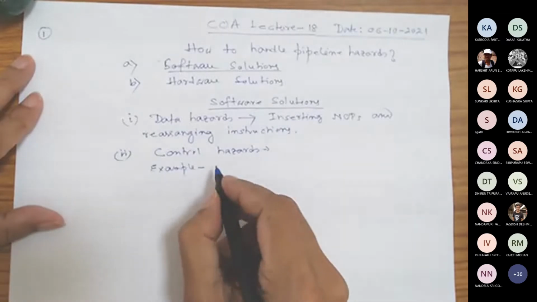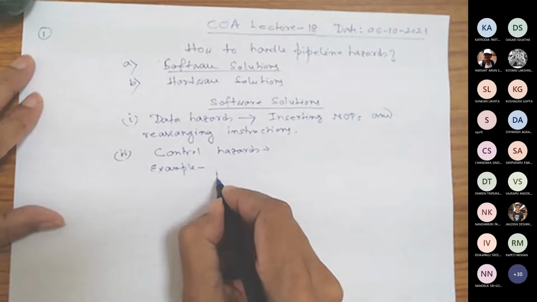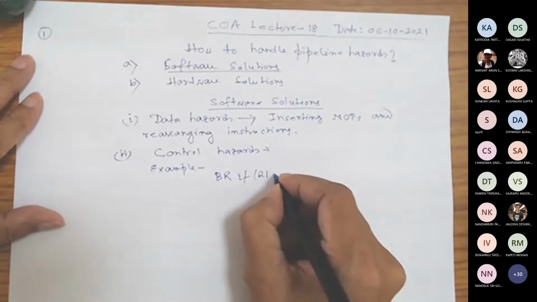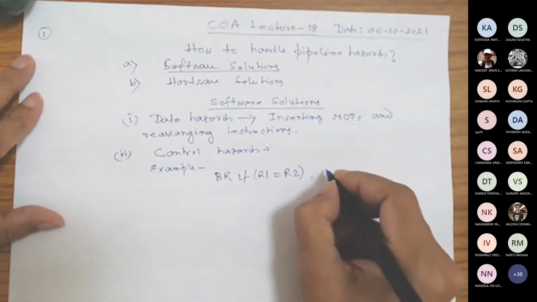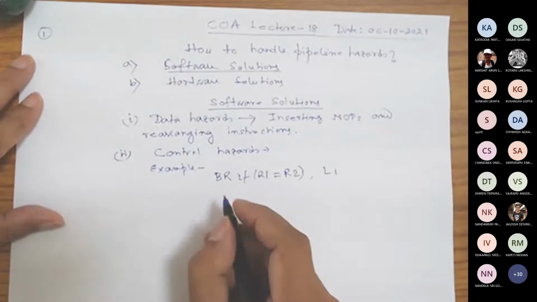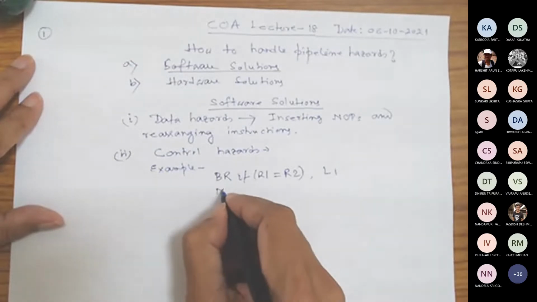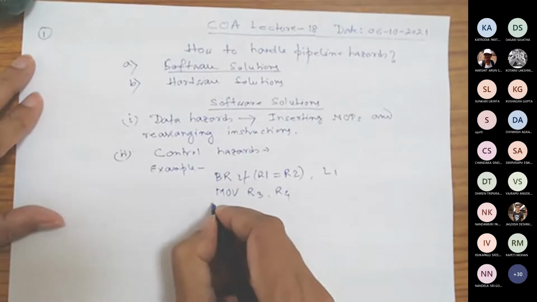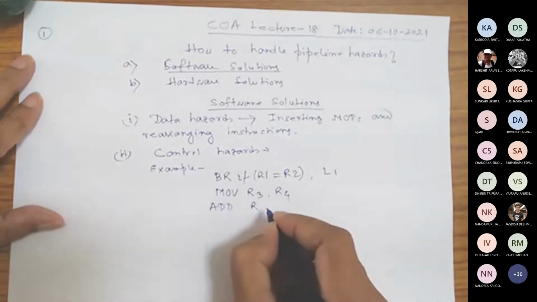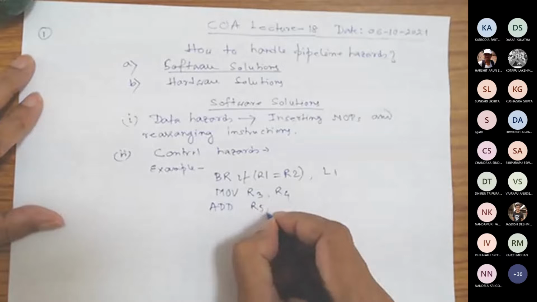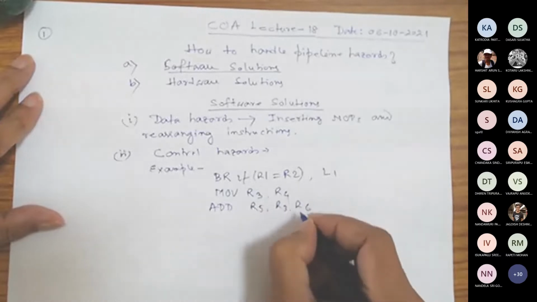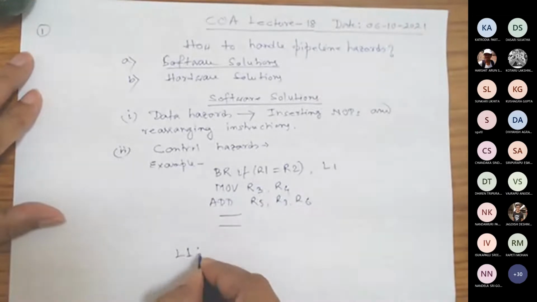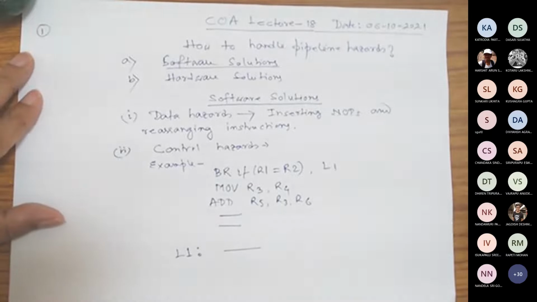Say, if you have an instruction here, say branch if R1 equals R2, then L1, else go to the next instruction, say move R3, R4, then say add R5 equals R3 plus R6, something like here, and then somewhere here is your L1. Some instruction is here, L1.